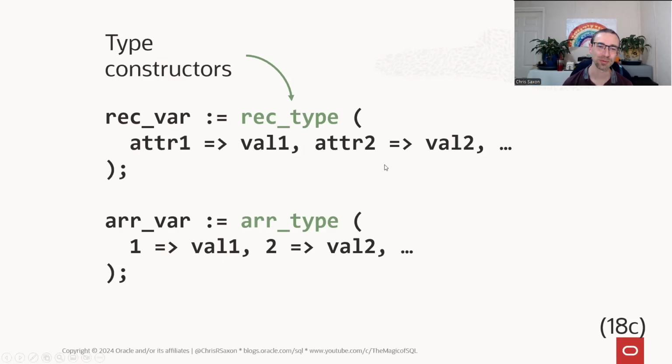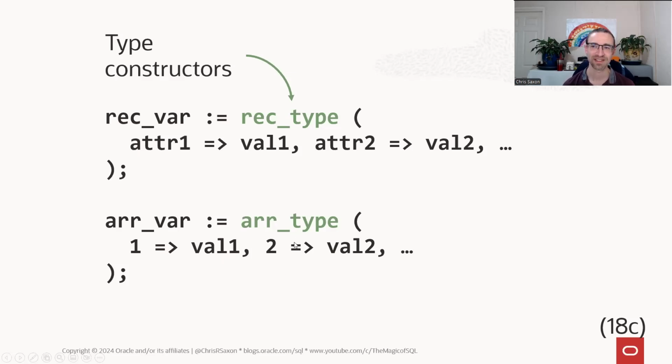Well, basically, all PL/SQL types now have an implicit type constructor. They automatically get it. You don't have to write any more code. So all record and all array types. If you want to initialize a record, we can do it like rec_type and have the attributes like that. We can do something similar for an array. For records, this works pretty well.